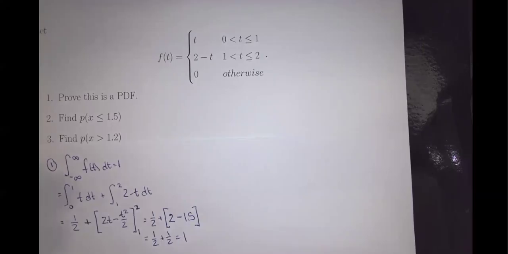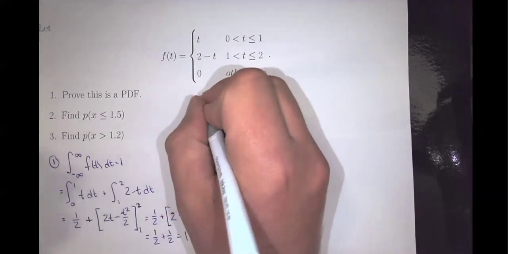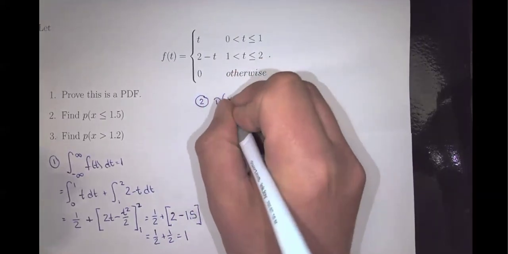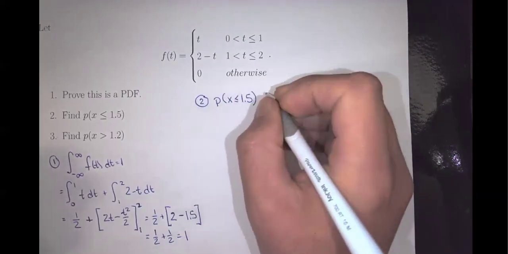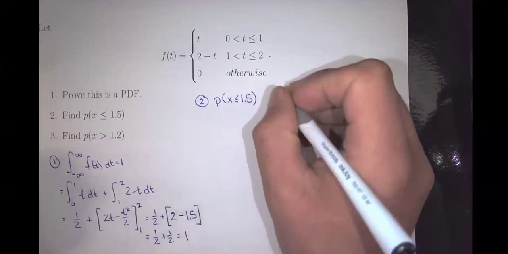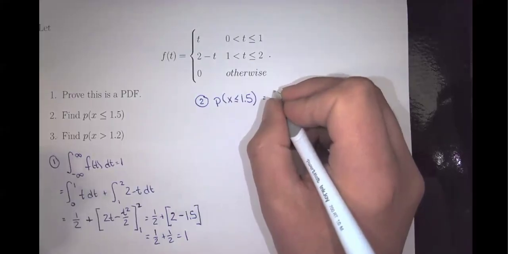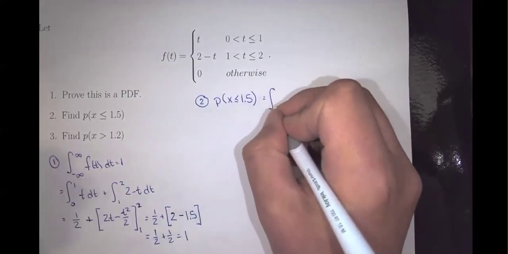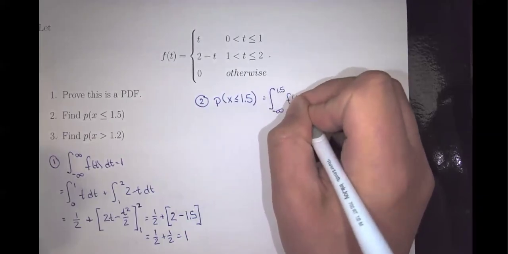Next, we need to find the probability that x is less than 1.5. All right, well, the probability that x is less than or equal to 1.5 is equal to the integral from negative infinity to 1.5 of f of t dt.